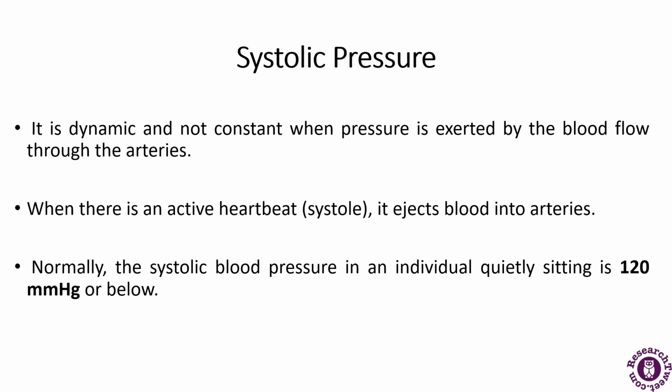Now systolic pressure is dynamic and not constant; it is the pressure exerted by the blood flow through the arteries. When there is an active heartbeat, called a systole, it ejects blood into the arteries. Such a dynamic ejection of blood into the arteries results in an increase in the pressure in the arteries.